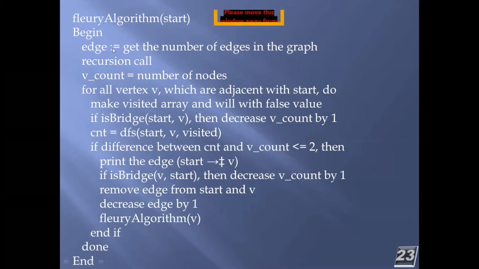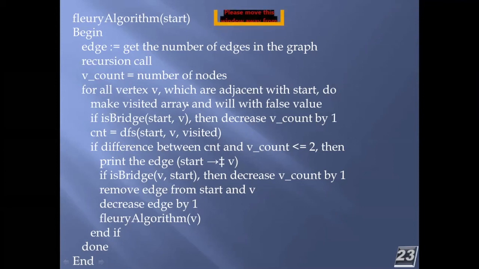Then I declare a variable vCount, which means the vertex count, and it will store the number of vertices. Then I traverse all vertices adjacent to the start node, meaning the current node. Then I fill the visited array with false values.